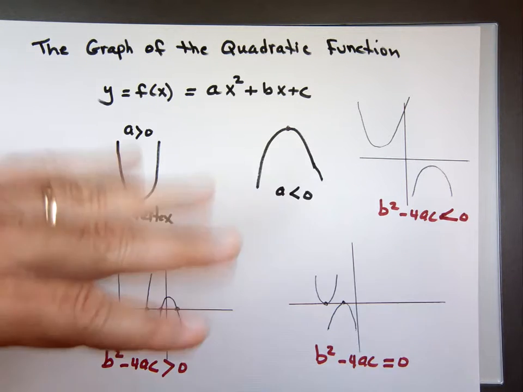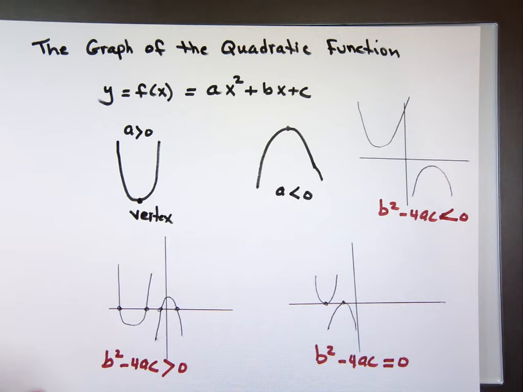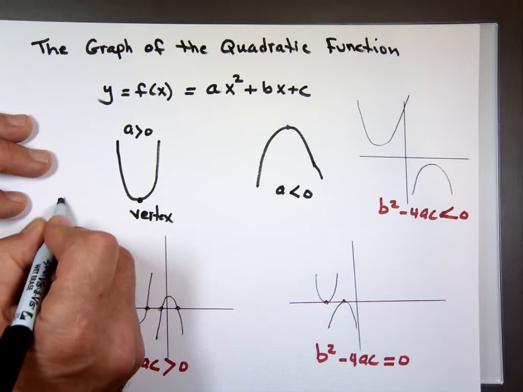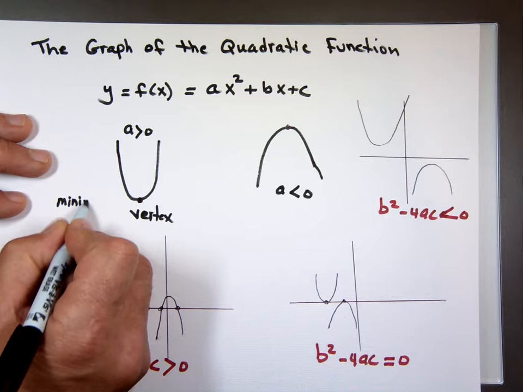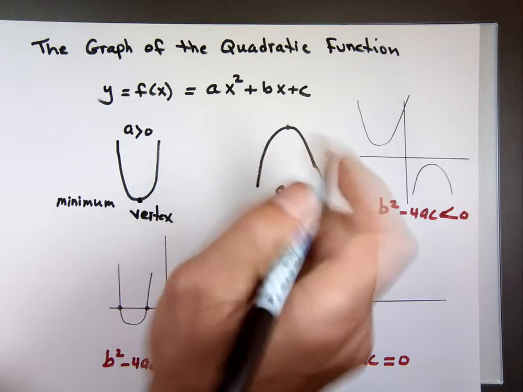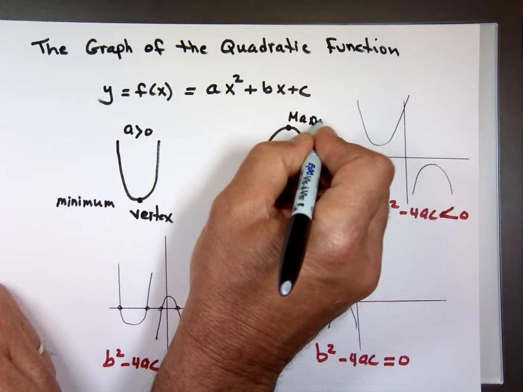So this is pointing down, that's pointing upward. Now when it's pointing upward, this point is also a minimum value. Minimum means it has the smallest y value. See it on the bottom. What do you think this point is? That's your maximum. That's the largest y value.